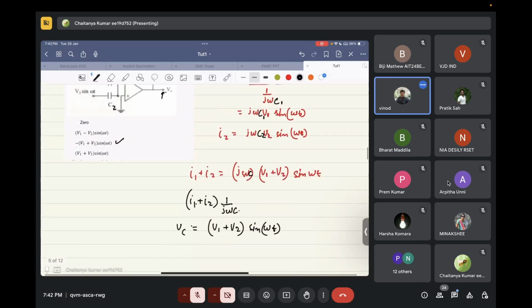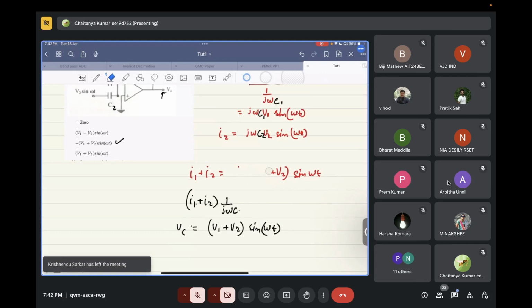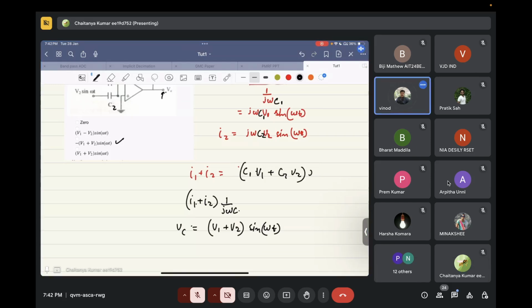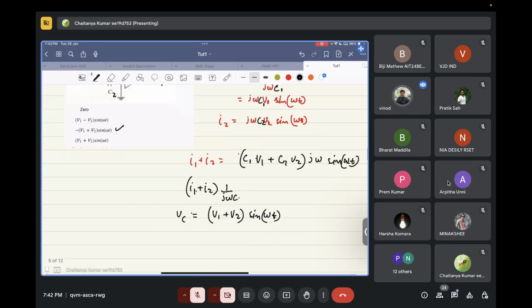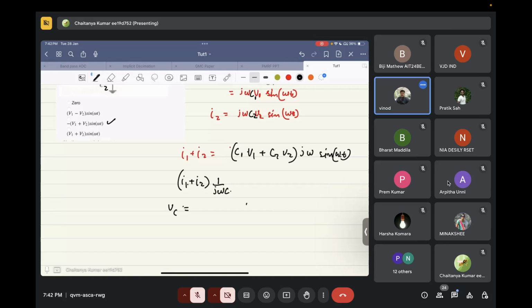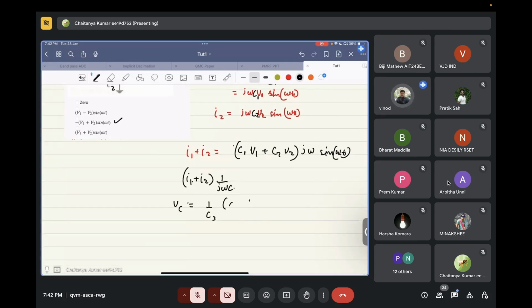So our final I1 plus I2 will be (C1 V1 plus C2 V2) times j omega sin omega t, and our voltage across the capacitor will be 1 by C3 times (C1 V1 plus C2 V2) sin omega t. So our output voltage will be minus of this.